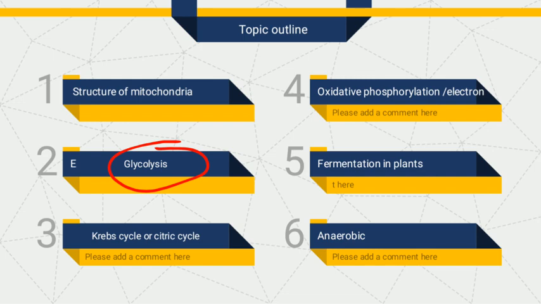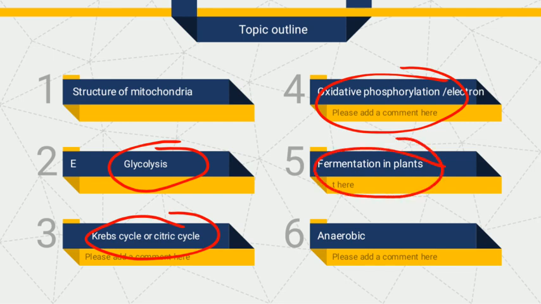We shall look at the Krebs cycle, the second stage of respiration. Then we shall look at oxidative phosphorylation, or what we call the electron transport and chemiosmosis. And we shall also look at fermentation in plants, then anaerobic respiration. Let's begin with the structure of the mitochondria.